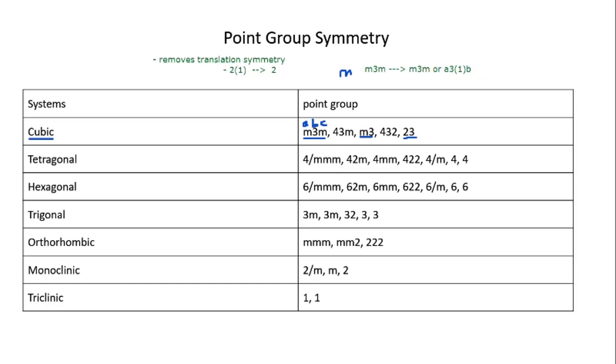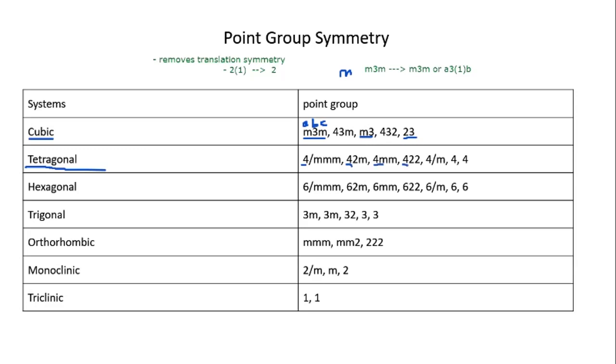Now, when we go to tetragonal, tetragonal has 4/m, mmm, and other types of point group symmetry. And what you notice here is that for tetragonal, the common point symmetry group is a fourfold rotation.